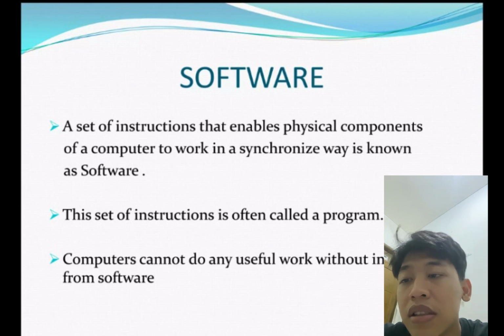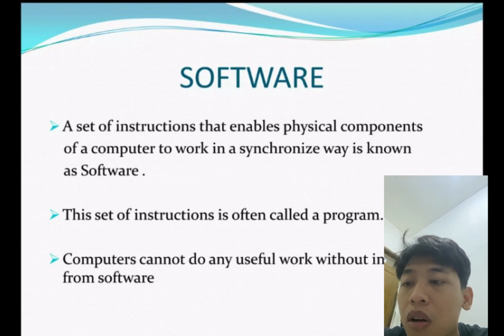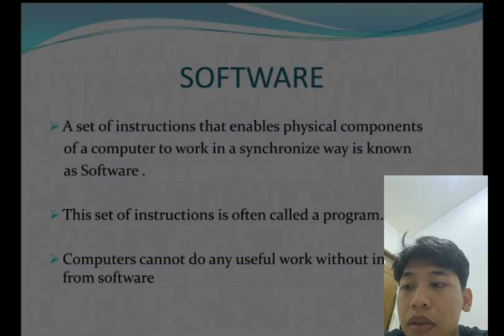Software is a set of instructions that enable physical components of a computer to work in a synchronized way, known as software. This set of instructions is often called a program. Computers cannot do any useful work without instruction from software.